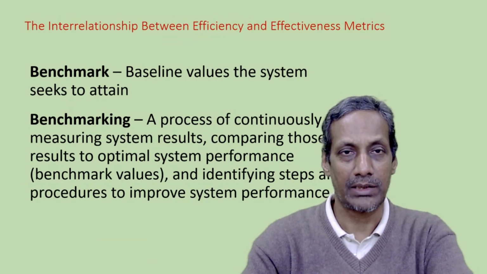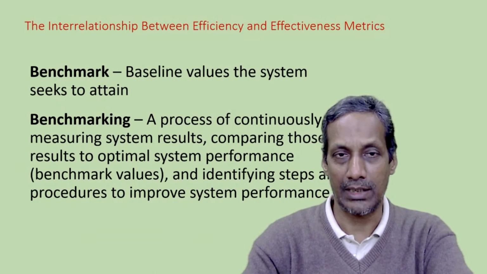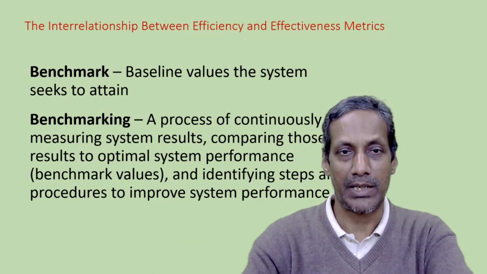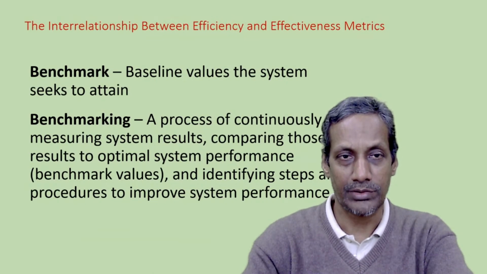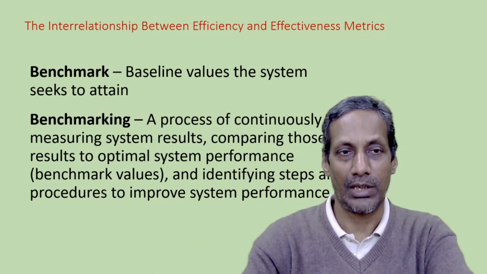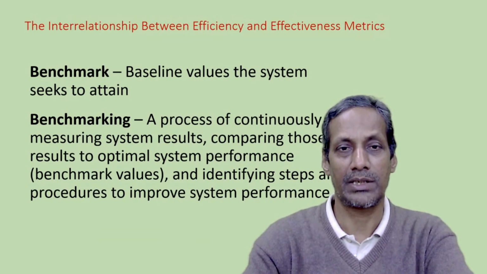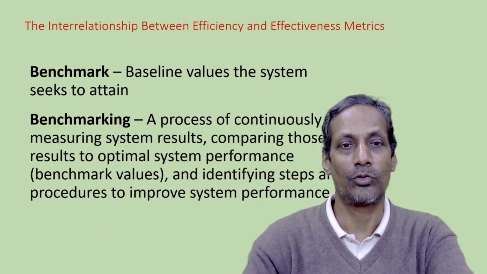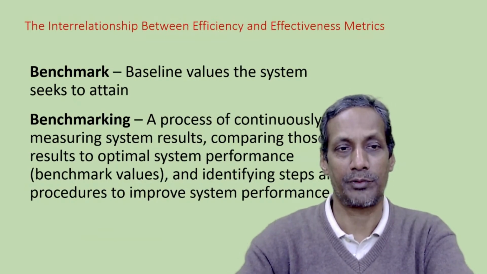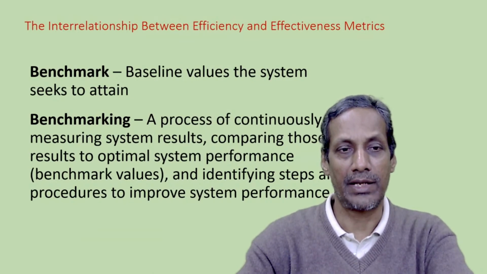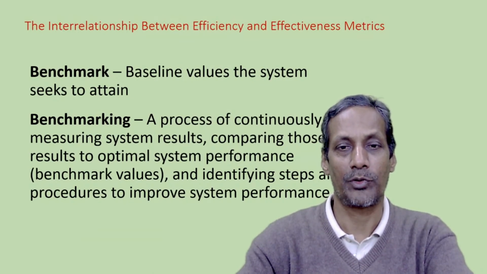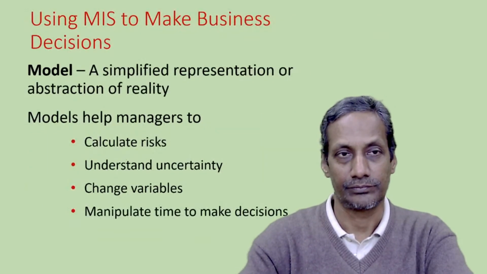The baseline values that the system should seek to attain are kept track of by the managers during the decision-making process. They are involved in benchmarking, which is a process of continuously measuring system results, comparing those results to optimal system performance or benchmark values, and identifying steps and procedures to improve system performance.